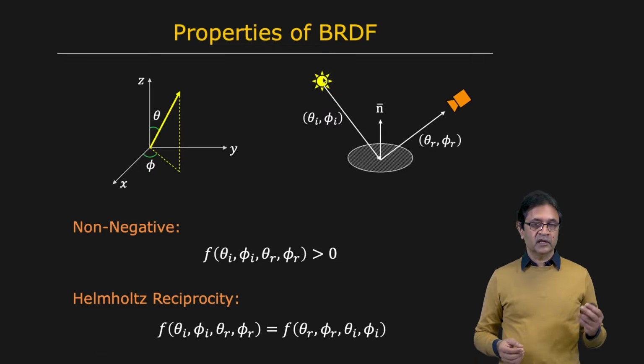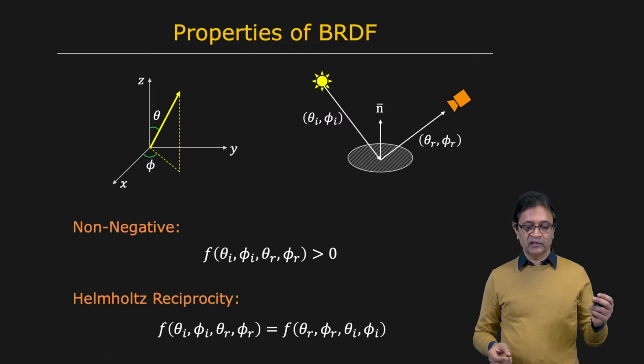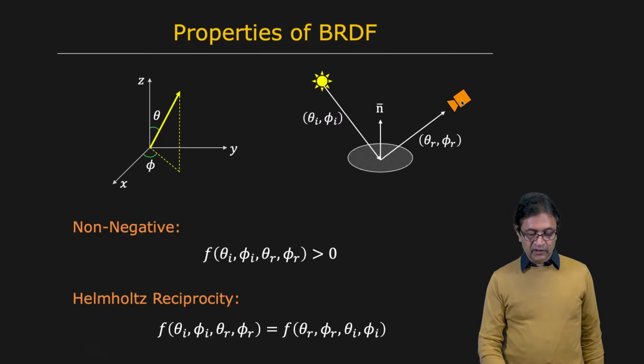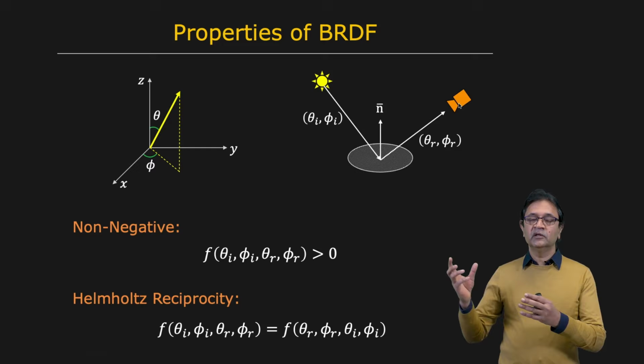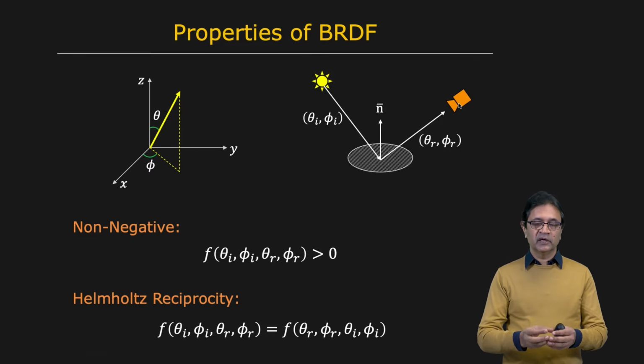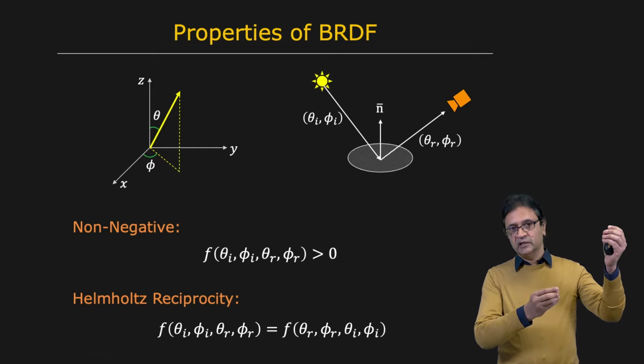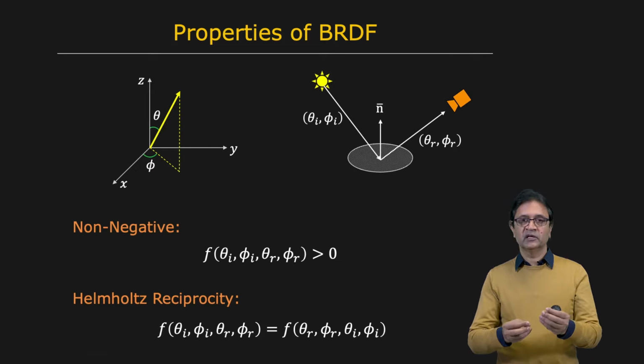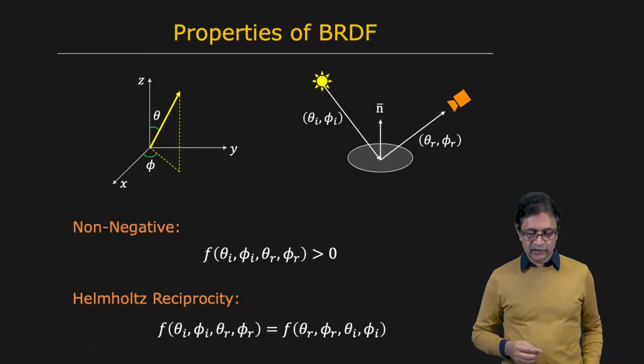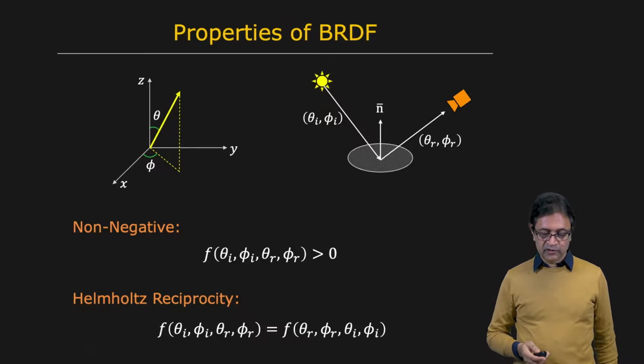It doesn't mean that the camera is going to observe the same brightness in both these configurations. It simply means that the ability of the surface to take light from one direction and put it out in the other direction is the same as its ability to take light from the second direction and put it out in the first direction. So that's Helmholtz reciprocity.